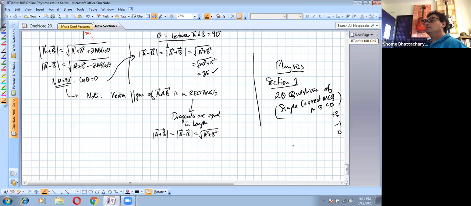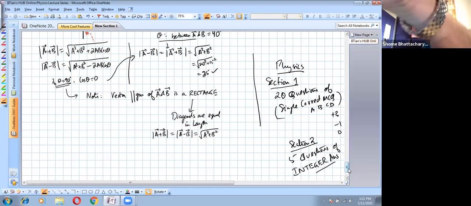And there will be section 2, which will be 5 questions only. So total of 25 questions in physics. So 5 questions of what we call integer answer type. In integer answer type, yeah, +4 only. Oh, sorry, I've written wrong.